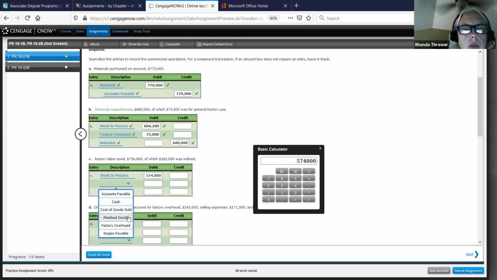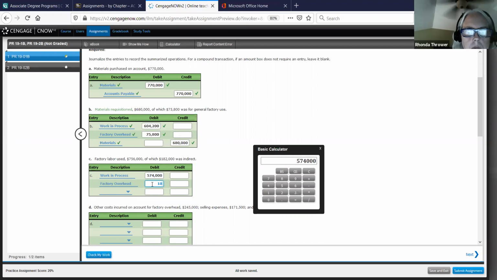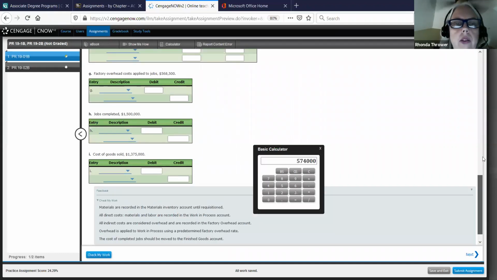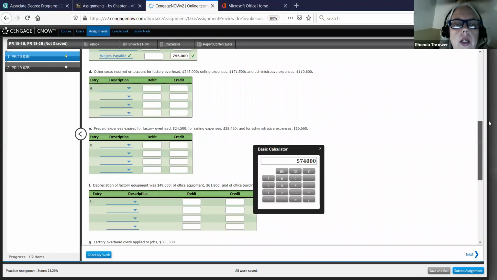My indirect labor would be debited to my factory overhead account for $182,000, and that was given. We'll have a credit to our wages payable for the total amount of wages payable, which was $756,000. I'm going to check my work just to make sure my math is correct, and then we'll move on to the next part.